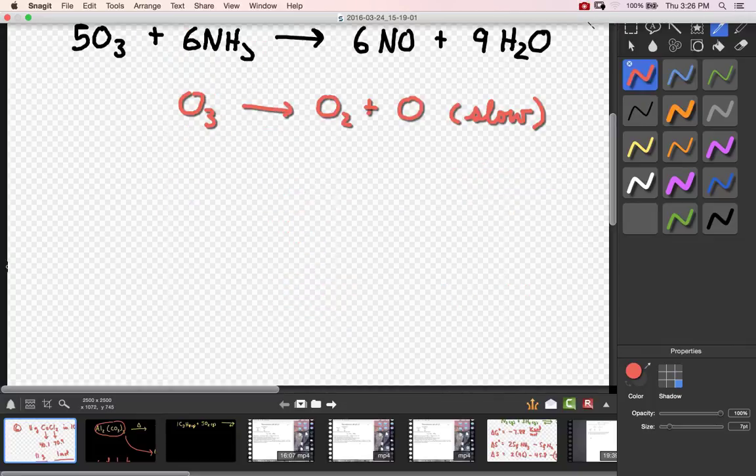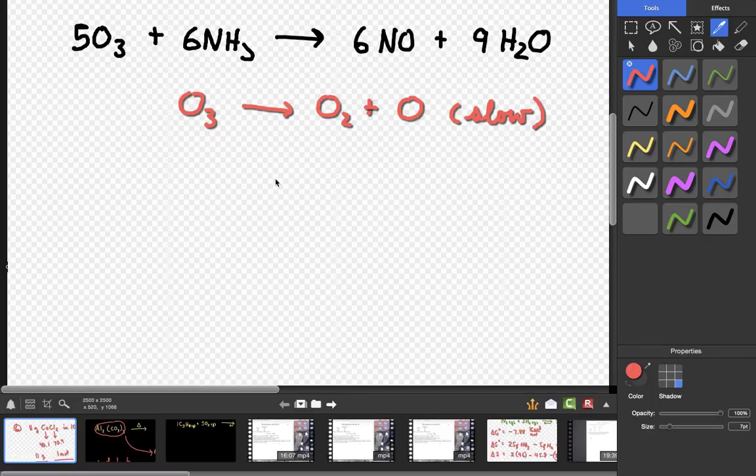Okay, question 7, we have ozone reacting with ammonia according to the equation that I have written at the top of the screen. When ozone decomposes in this reaction, the slowest step is actually when the ozone breaks apart.